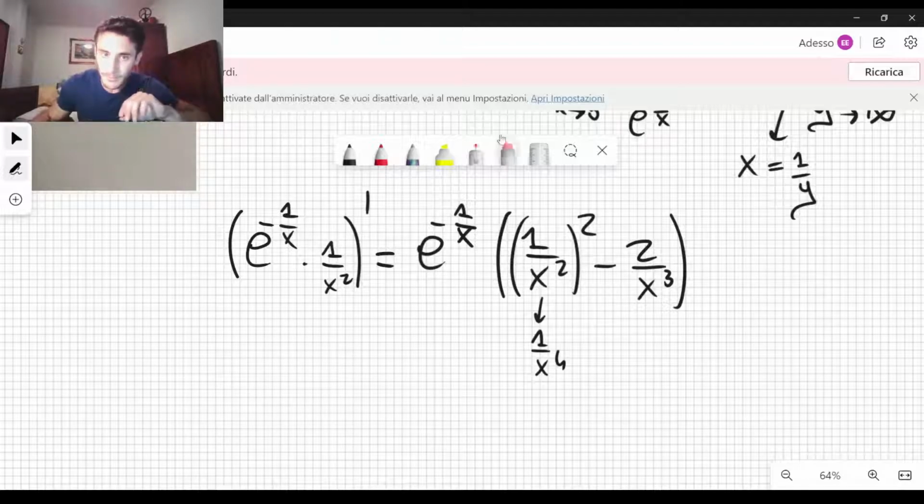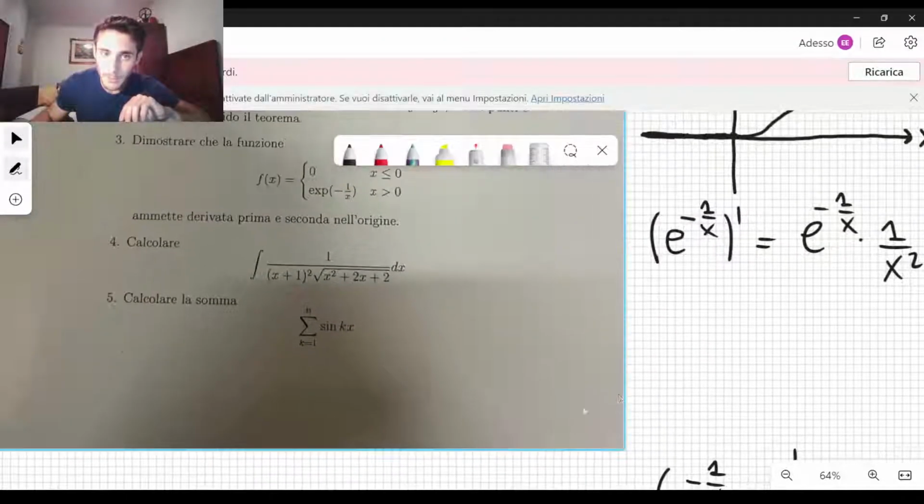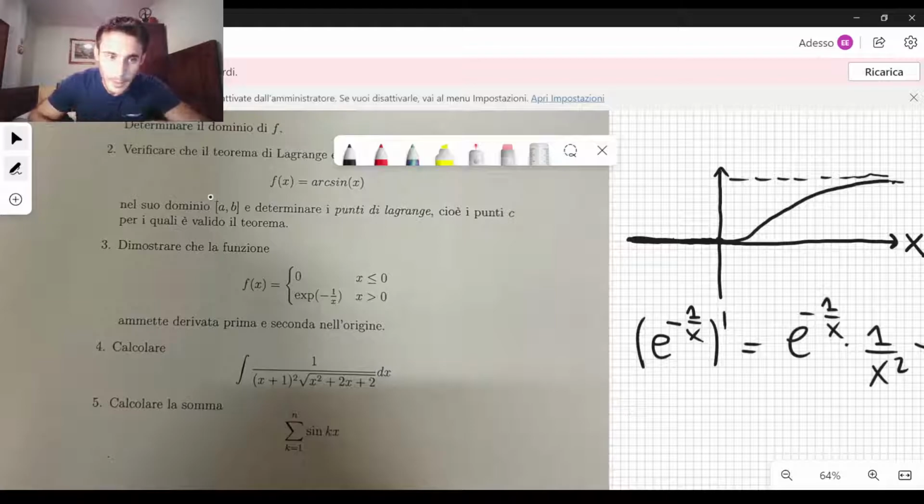So this is how you solve the problem, this problem here. You can easily show that this function, defined in this manner, admits the first and the second derivative at the origin, and those derivatives are simply equal to 0.